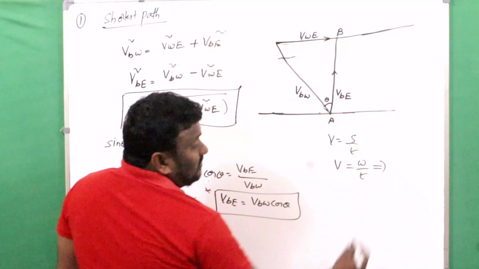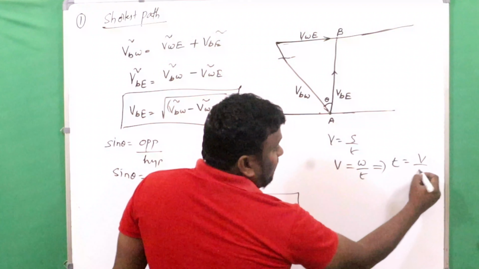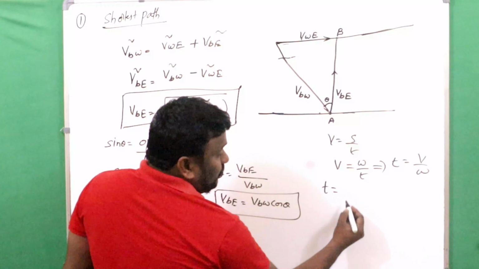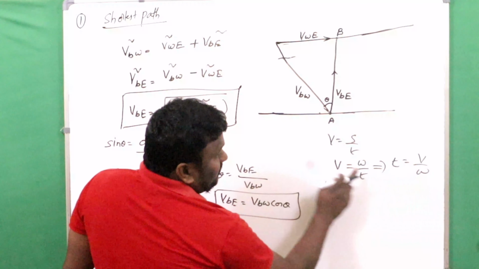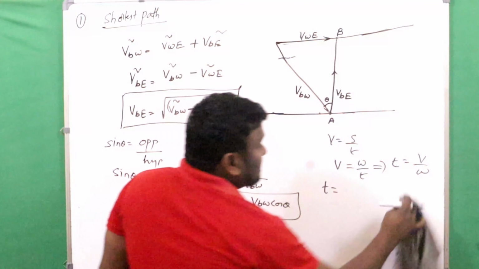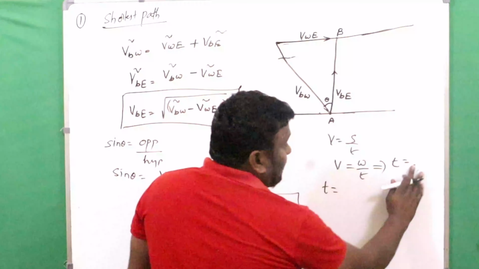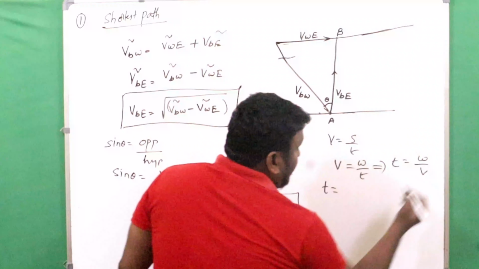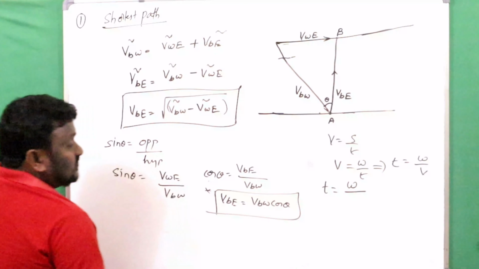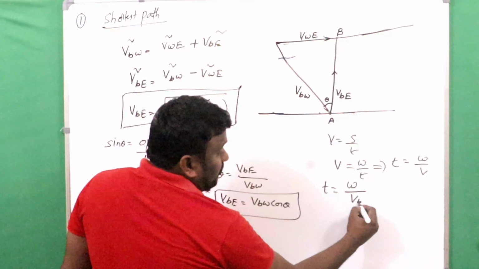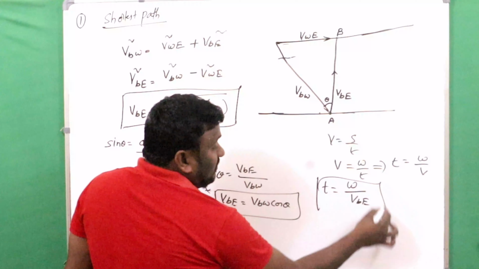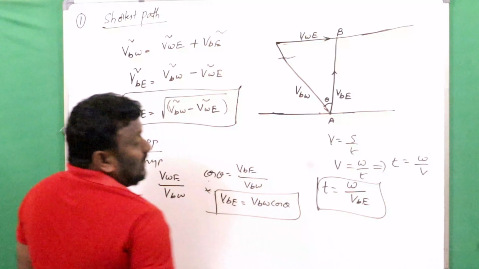From that, time is equal to W by V. So T is equal to W by V. What is W? Width. And what is the velocity here? VBE. So to find the time, we can write W by VBE.